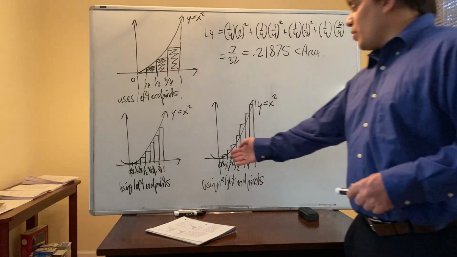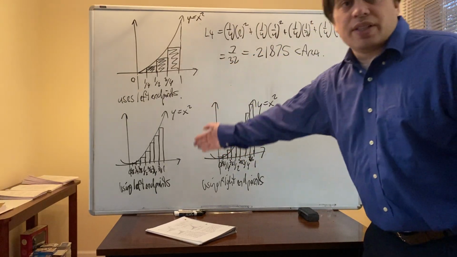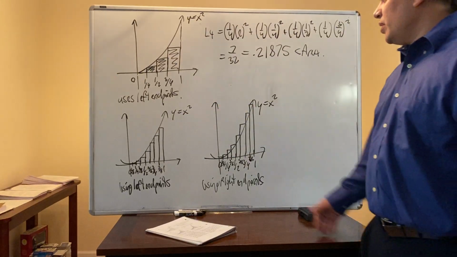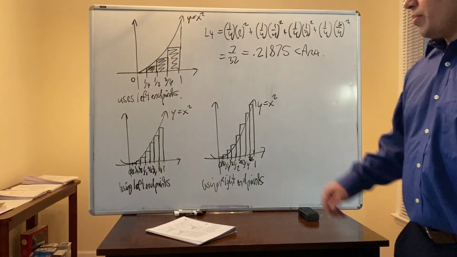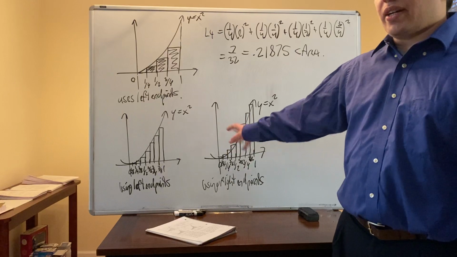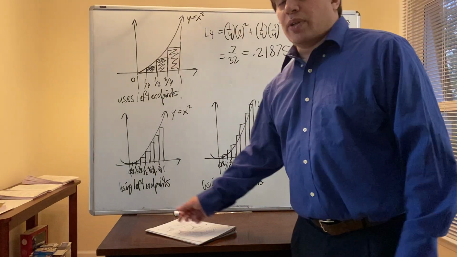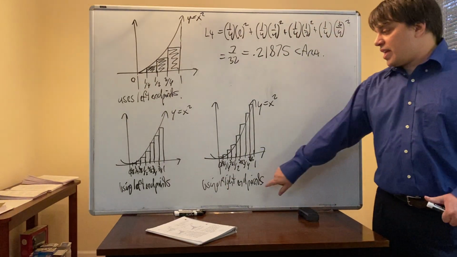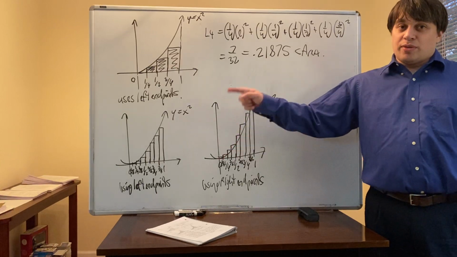Okay, the way this graph is shaped, this graph where the curve is kind of going up like that, it's increasing. And so because of the behavior of this particular graph, the right endpoint is an overestimate and the left endpoint is an underestimate. If I change the graph to one that had different characteristics, then the right endpoint could be a lower estimate and the left endpoint could be an upper estimate. So it's not in general true that taking the right endpoint would lead to an overestimate and taking the left endpoints would lead to a lower one.